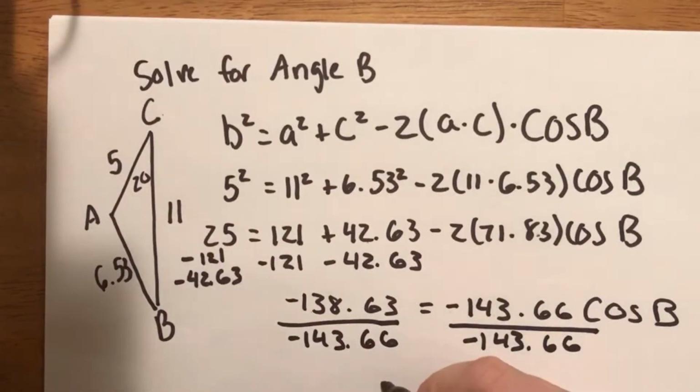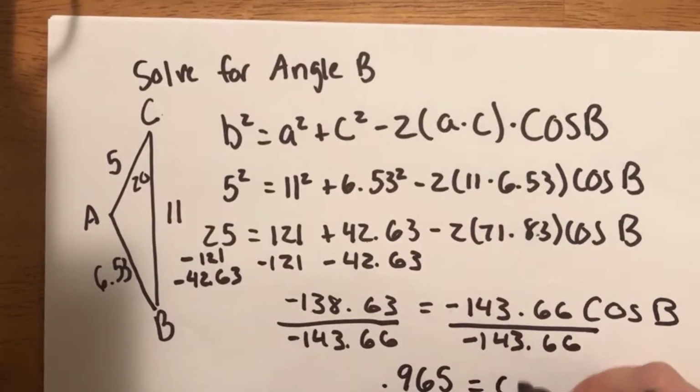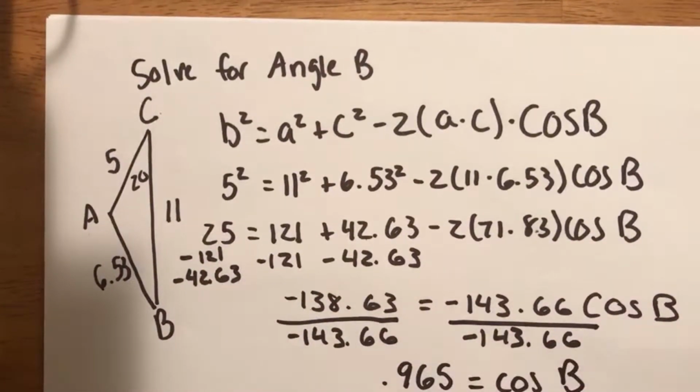This leaves us with 0.965 equals cosine B.